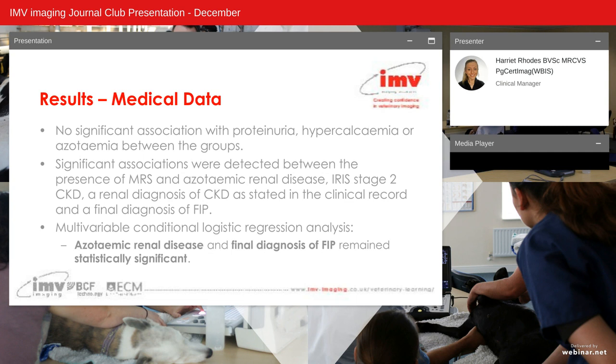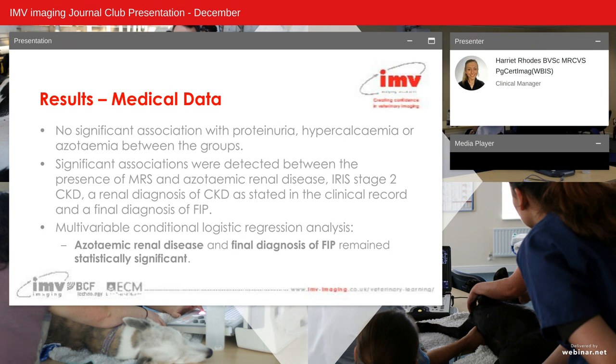On a side note, focusing on the FIP cats, a final diagnosis was made in 23 cats, 15 who were in the medullary rim sign group and 8 which were in the control group. In the FIP cats with a medullary rim sign, 80% of those had a thin medullary rim sign on examination, and then 53% of those had a medullary rim sign of marked intensity.